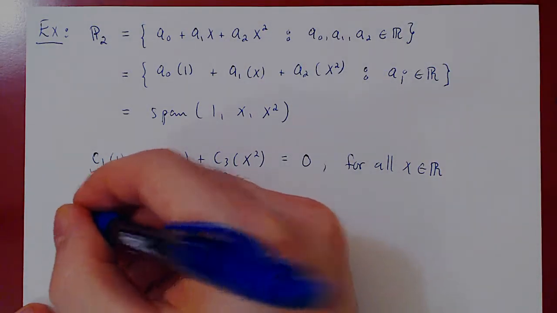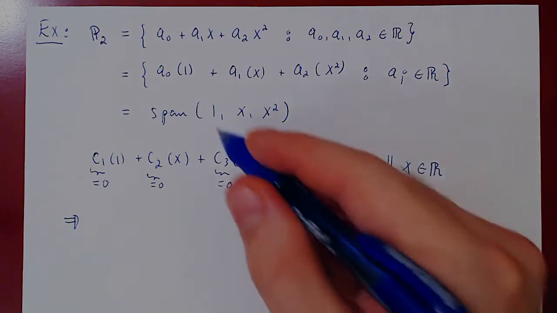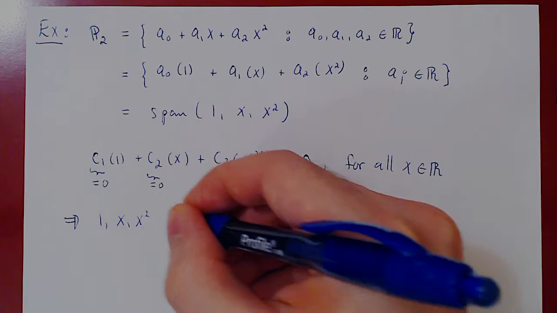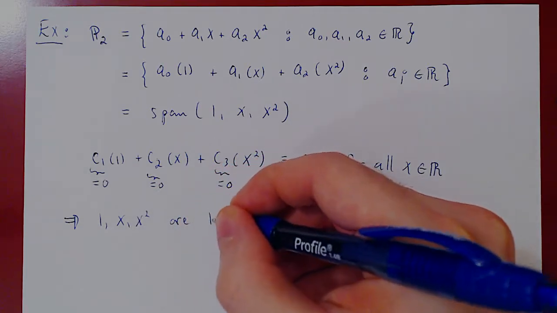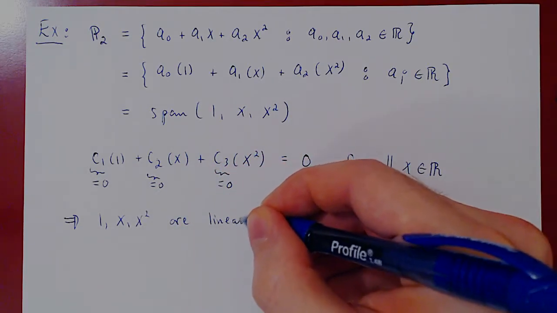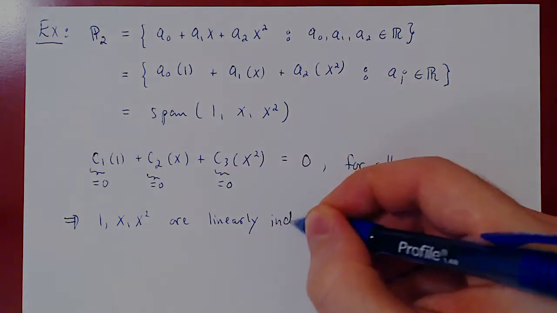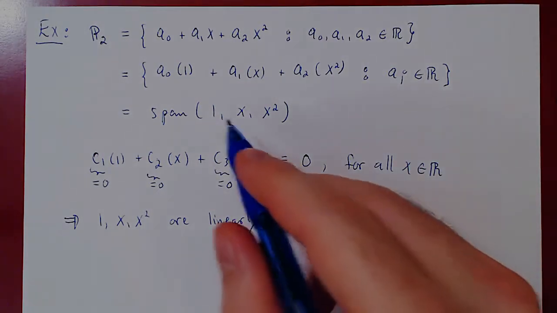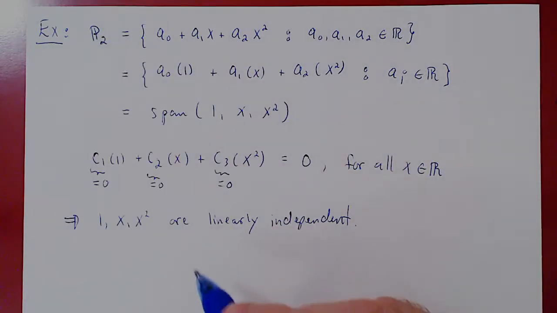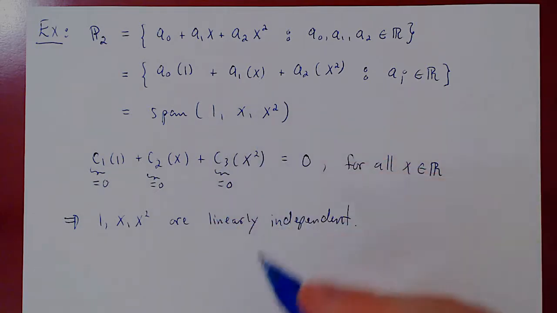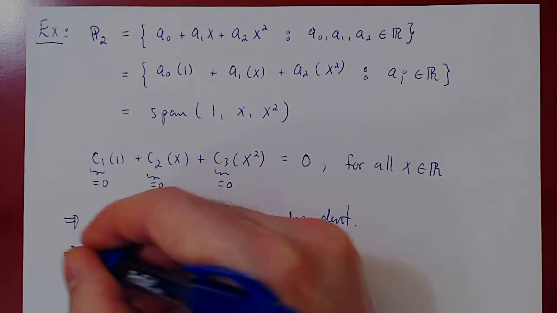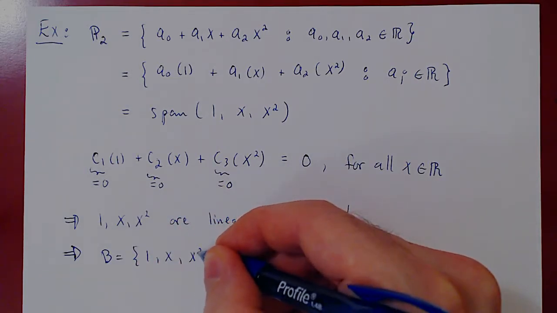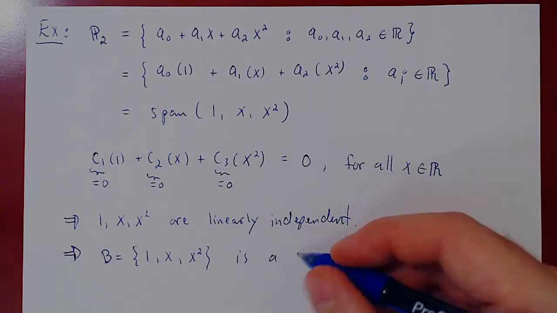Therefore, by definition, the polynomials 1, x, and x squared, are linearly independent. And so we have a basis. These are generators of the space, and they are linearly independent, and so they form a basis of P2. So the set B, 1, x, x squared, is a basis of P2.